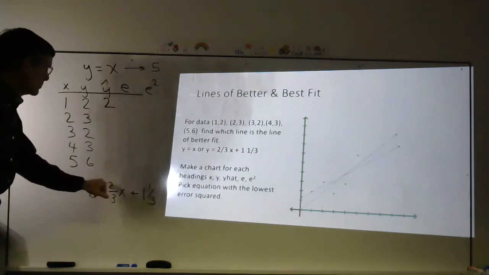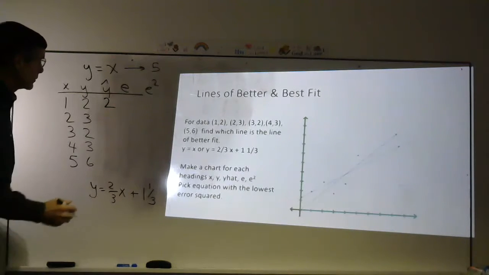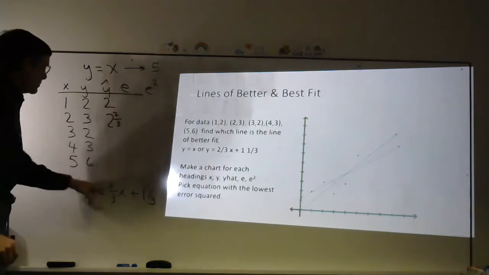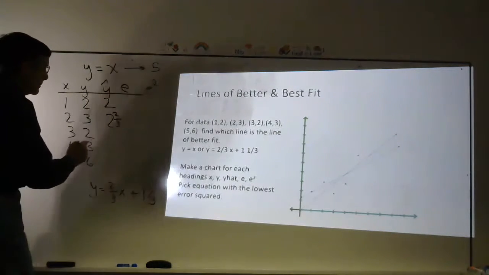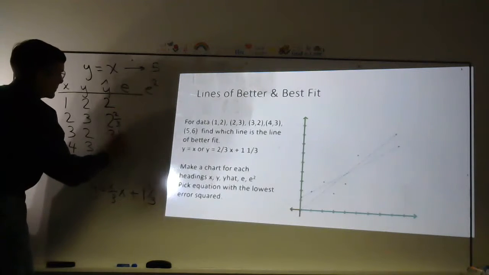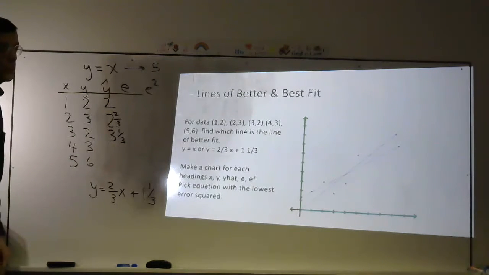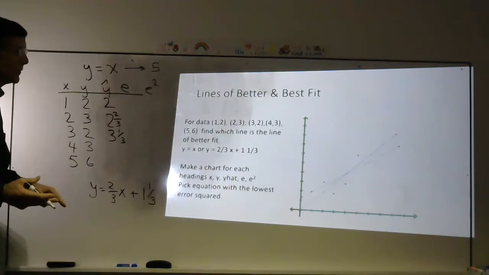Putting 2 in here, 2 times 2/3 is 4/3, or 1 1/3, plus 1 1/3 is 2 2/3. Putting 3 in, 3 times that is just 2, plus 1 1/3 is 3 1/3. Putting 4 in, 4 times 2/3 is 8/3, which is 2 2/3, plus 1 1/3 is 4.